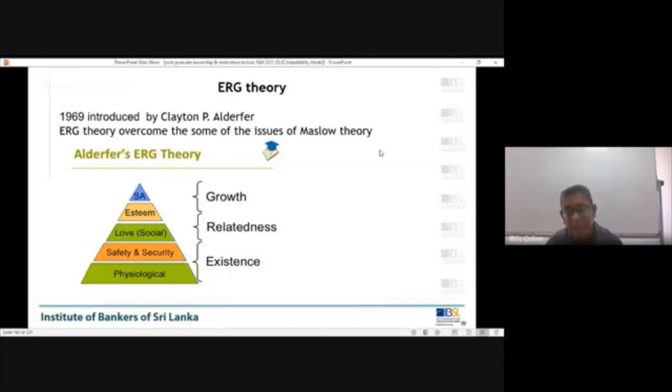The esteem needs and self-actualization he put together as growth. Rather than five needs, Alderfer confined these five needs into three: safety and physiological as existence, self-actualization and esteem as growth, and love as relatedness.